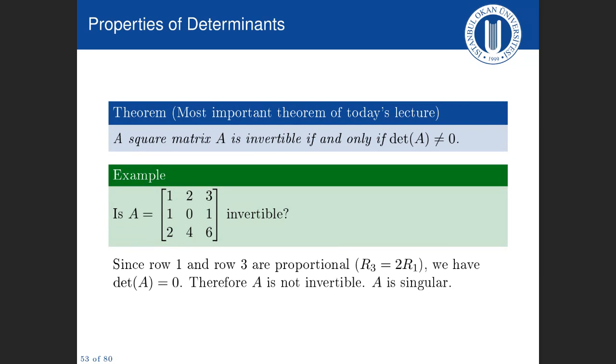Note that row 1 and row 3 are proportional. Row 3 is equal to 2 times row 1. What do we know if a matrix has proportional rows? It means the determinant must be 0. If the determinant is equal to 0, then the matrix is not invertible, the matrix is singular.